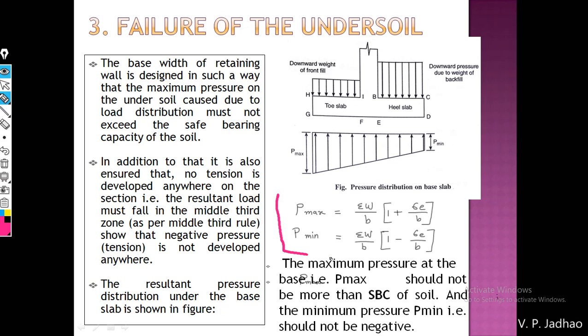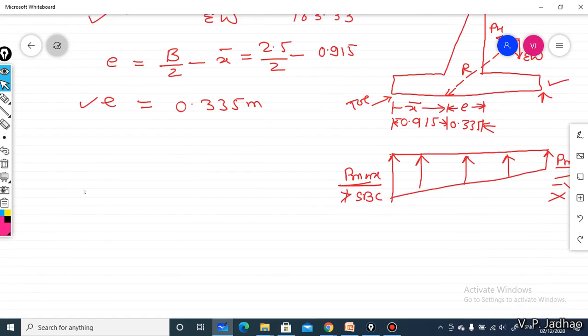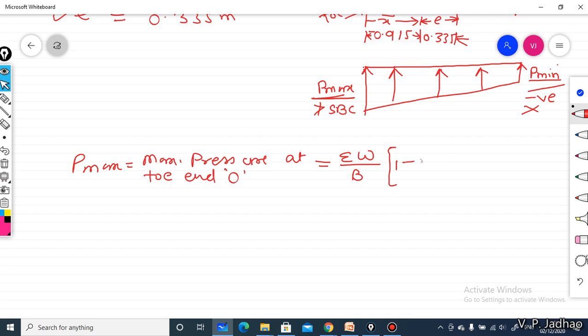P max is equal to summation W upon B into 1 plus 6E divided by B. So we will use this formula for calculating P max, that is the maximum pressure at toe end O. Formula is summation W divided by base width of your base slab multiplied by 1 plus 6E divided by B. Just put the values.